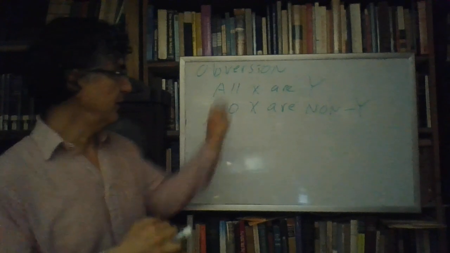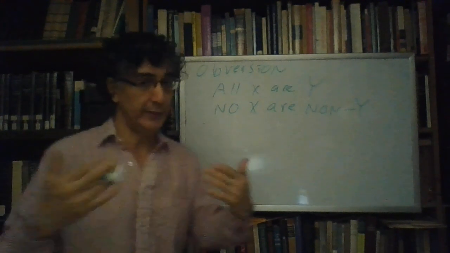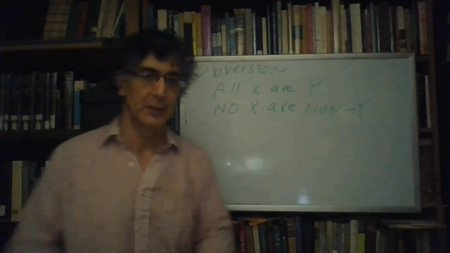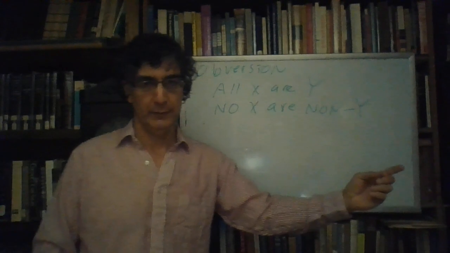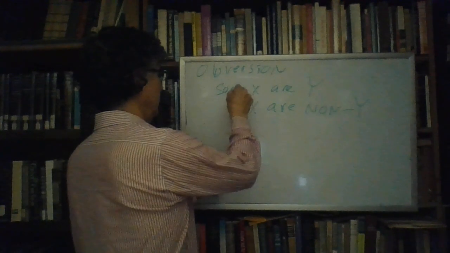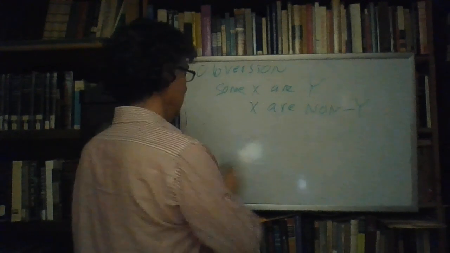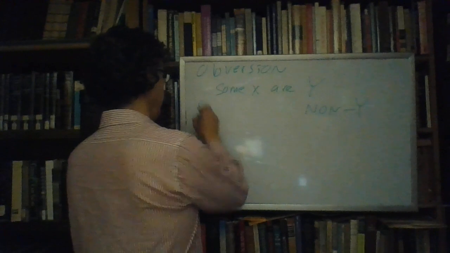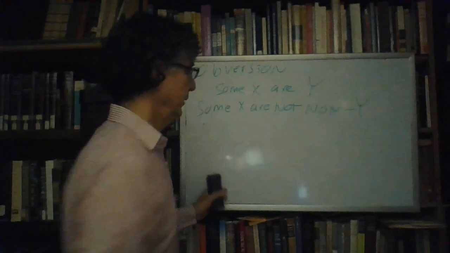Now, you will notice, unlike conversion, obversion is essentially saying the same thing as the original proposition. When you convert, you're getting basically new information, but when you obvert, you're simply restating "all x are y" as "no x are non-y." Now, if this were "some x are y," which is an I proposition, then it would be "some x are not non-y."